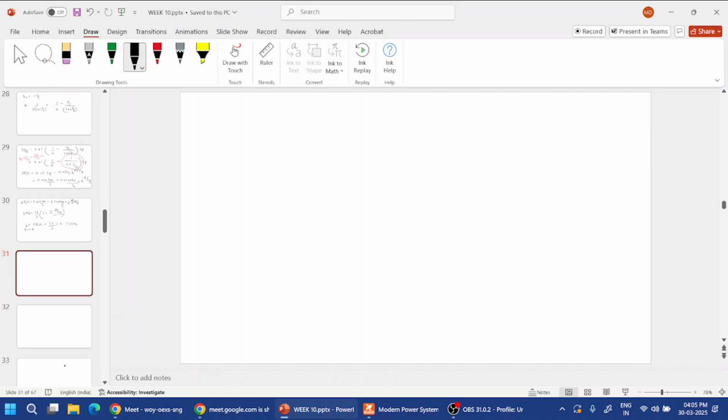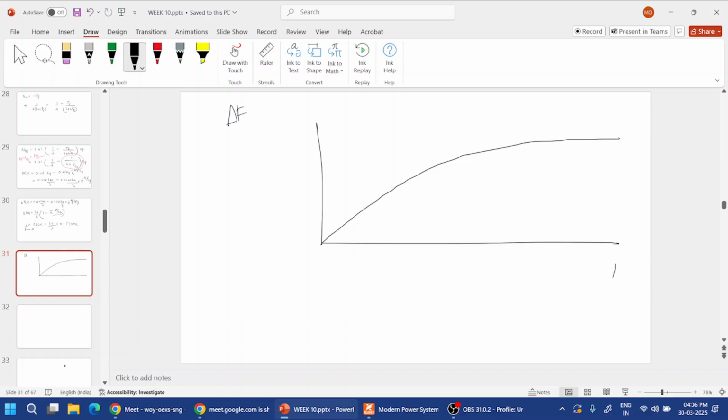I will draw here: this is the change in frequency versus time, and at steady state this value is 0.533. So the change in frequency versus time graph will be like this.